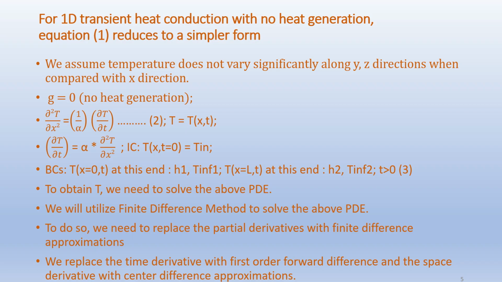Likewise, at the other end, x equals L comma t, the boundary conditions are H2 and T infinity 2. Here H2 is the convection heat transfer coefficient at end 2 and T infinity 2 represents the ambient temperature at end 2.